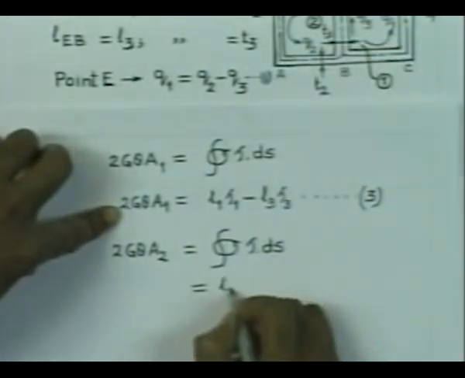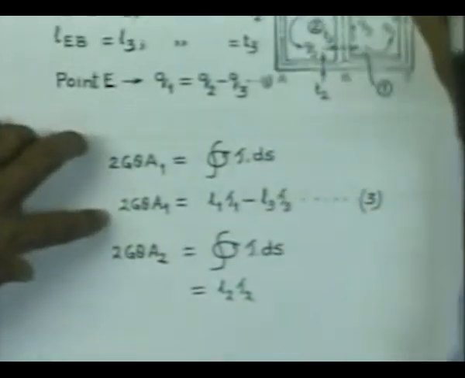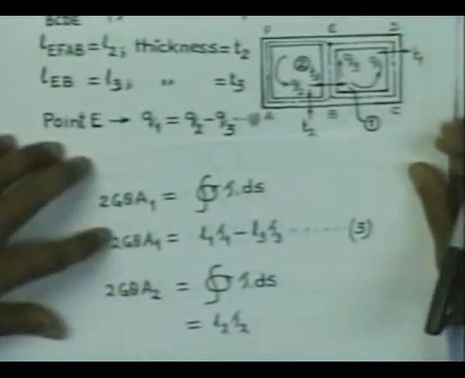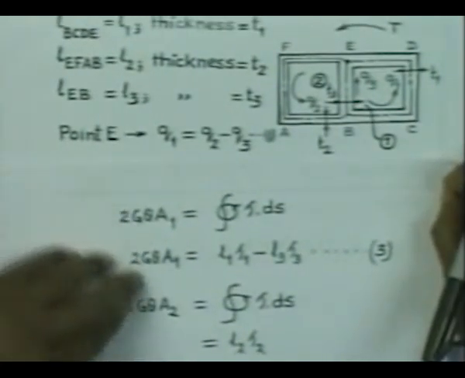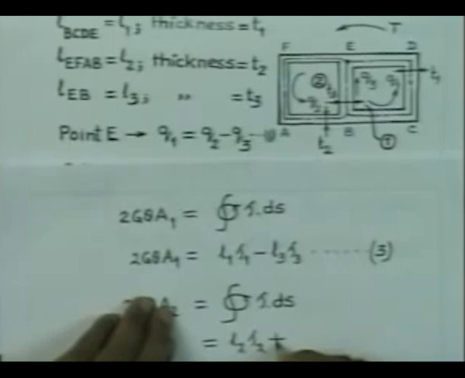into tau 2, and from B to E we are moving in the same direction as the shear stress and flow direction, and therefore, it will now be L3 into tau 3.